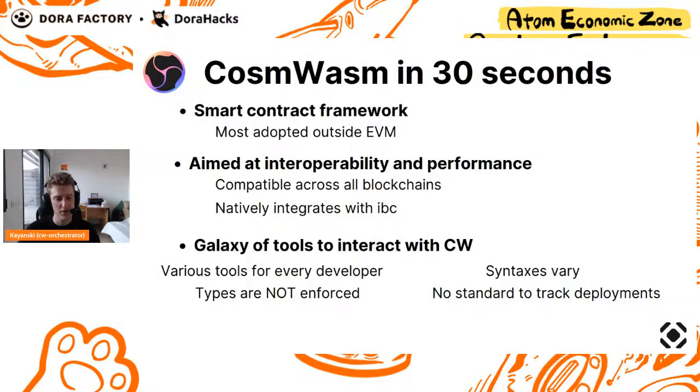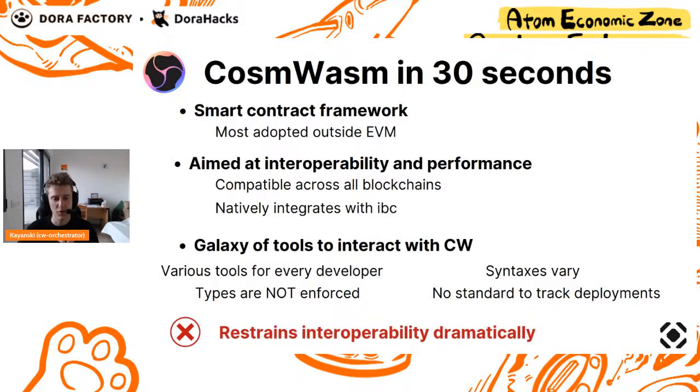To interact with CosmWasm, there is a galaxy of tools that developers have to deal with, and those tools are so diverse, in different languages and different ways of dealing with smart contracts, that there is no standard way of interacting with CosmWasm, which restricts interoperability between developers dramatically. And that's where Orchestrator comes in.